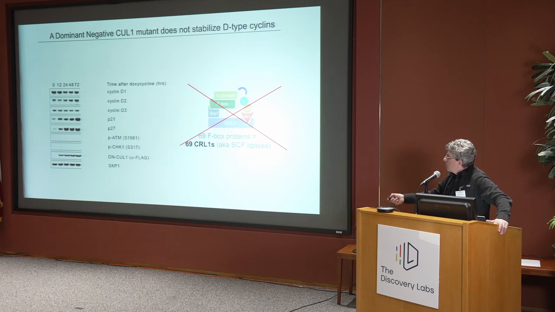When we induce it, we stabilize two known substrates of CRL1 ligases. You heard about p27. We also published with Avram that p21, a cousin of p27, is also a substrate. But despite the accumulation of these established substrates, we saw no effect on D-type cyclins.